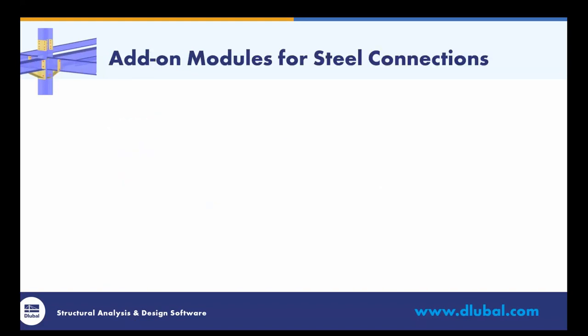What kind of modules do we have for the steel connections? It's always two modules defining the same. One is for RFEM, one is for RSTAB. So one is RF-JOINTS and the other one is just JOINTS.